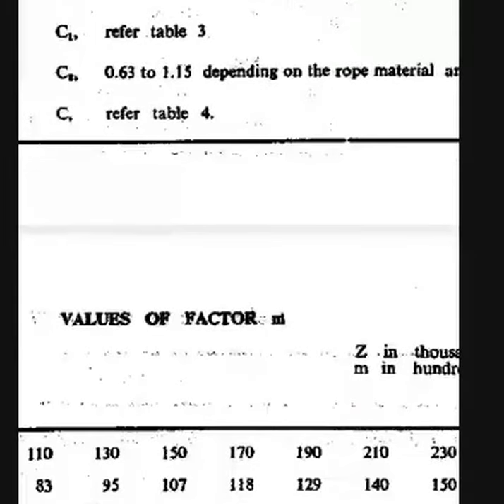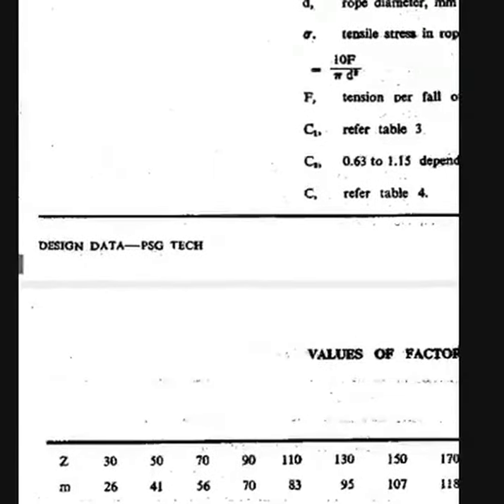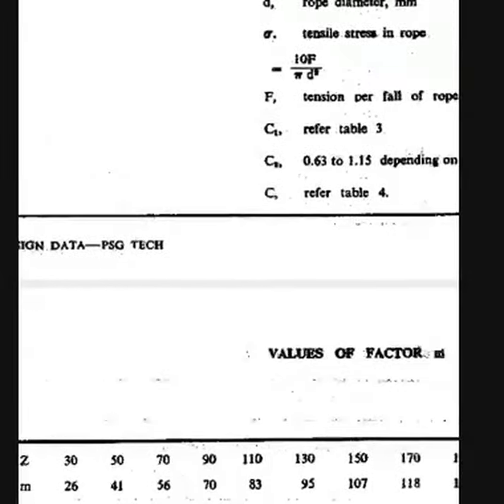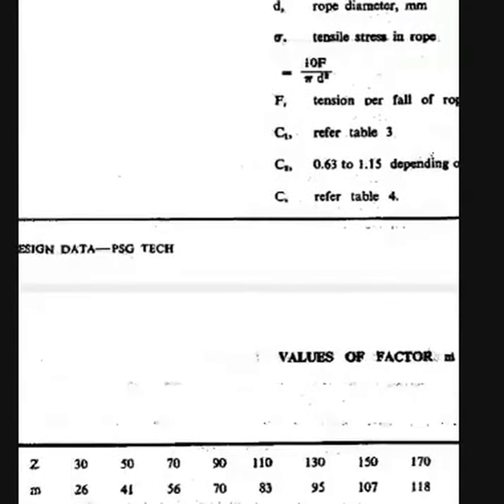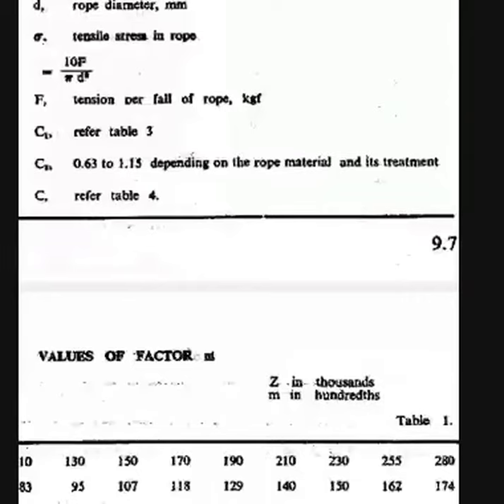So it is 1.3434 we are getting now. In hundreds it will be 134.3. We are just converting the unit of m. So based on that value of 134, we will get the value of z. M is 134. We have to interpolate and get the value of z.